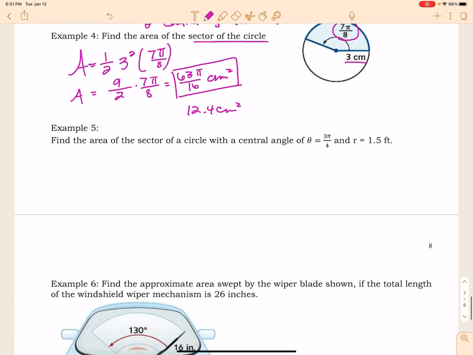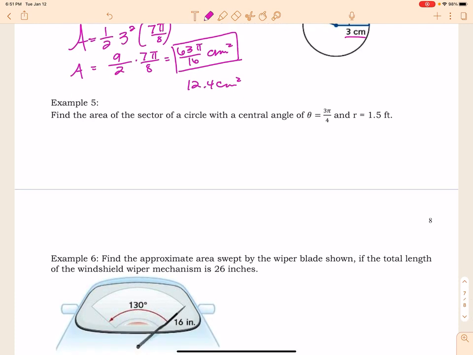Okay, example 5. Find the area of the sector of a circle with a central angle theta equals 3 pi over 4 and a radius of 1.5 feet. This time I didn't give you a picture, I just gave you information, but we're still going to do it the exact same way. I am going to take 1/2 times the radius squared times 3 pi over 4.